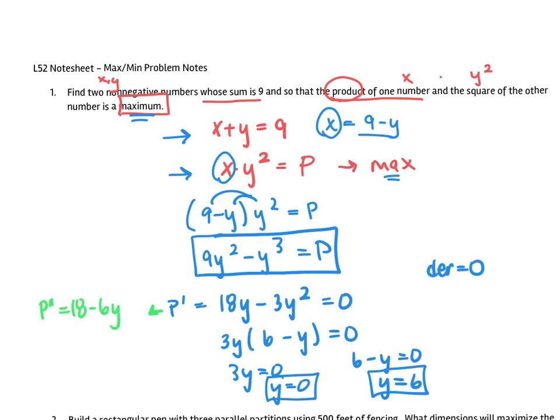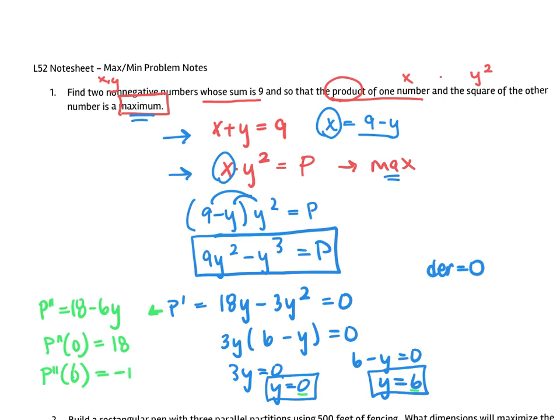If I plug in my values of 0 and 6, for 0, I'm going to get 18. And for P double prime, oops, this is supposed to be 6. When I plug in 6, I'm going to get 18 minus 36.